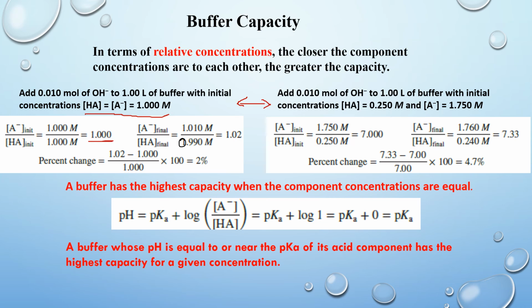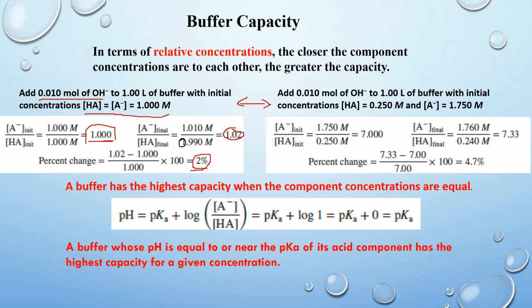By adding a little bit of strong base, in this case 0.01 molar of hydroxide, the base concentration increased by 0.01 and the acid concentration decreased by 0.01. Right, so the ratio after adding the base is 1.02. You can see the percent change in terms of the ratio is only 2%. Right, so that's when you have the same concentration of acid and base at the beginning.